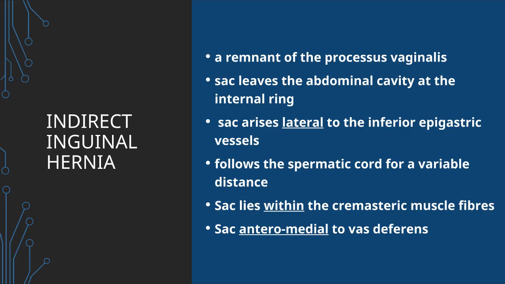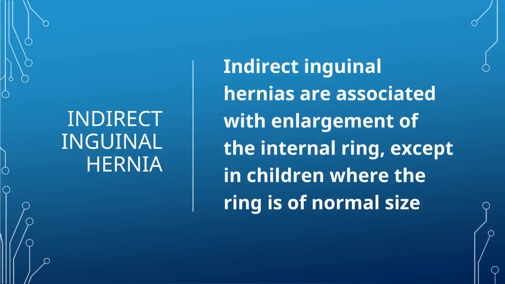The indirect inguinal sac lies within the cremasteric muscle fibers anteromedially to the vas deferens. Indirect inguinal hernias are associated with enlargement of the internal ring, except in children, where the ring is of normal size. Thus, one needs to repair the posterior wall when treating an indirect hernia in adults to reduce the size of the internal ring. No repair is performed for an indirect inguinal hernia in children.